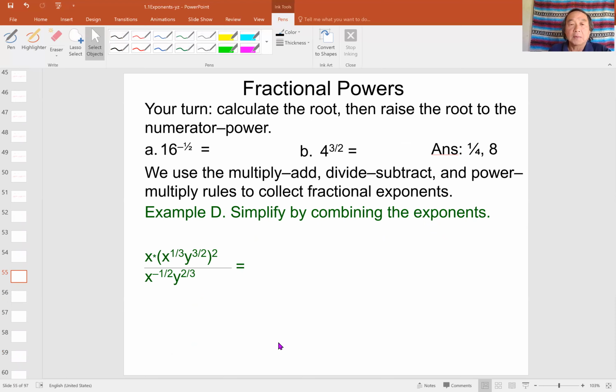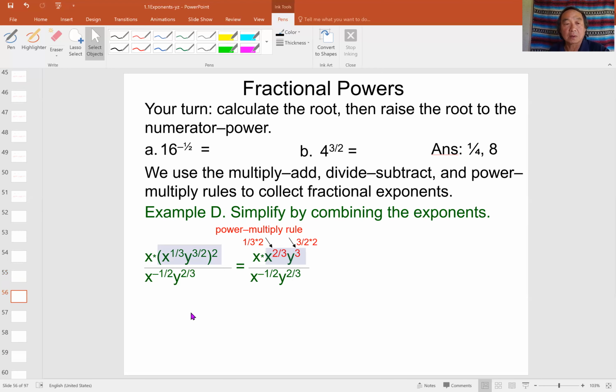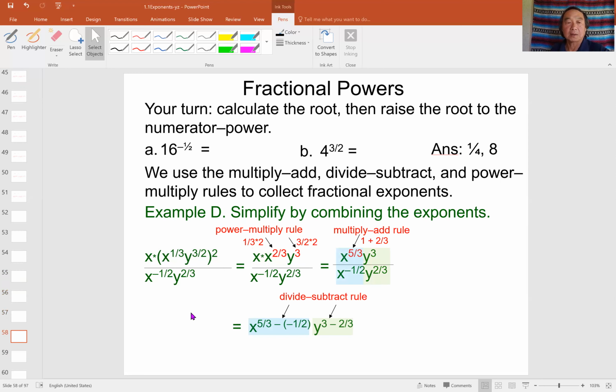Before that, here's examples of how we collect powers. This is not to be turned into cube root or square root. No. These are exercises on collecting powers and cleaning up, consolidating X powers, Y powers. So we use the power to power rule, and then we use the rule of adding powers to consolidate the X, consolidate the Y, and some use division to subtract the power and arrive at the final answers.